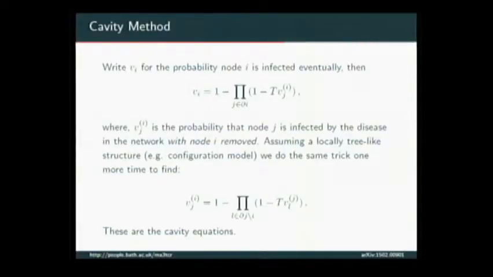Well, I need to think of their next neighbors, and the trick is that really I should here be talking about somebody else getting sick without j and also without i. But I'm just going to assume that short loops are sufficiently rare that correlations only pass through the central node, and so if I've removed j, I've probably removed the shortest path from i to l, so I cannot include i there.